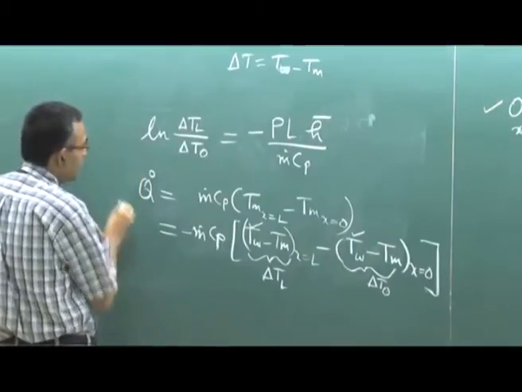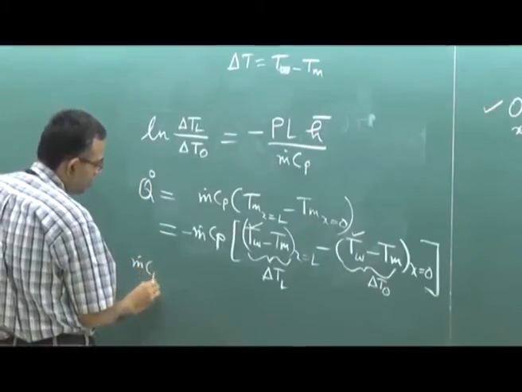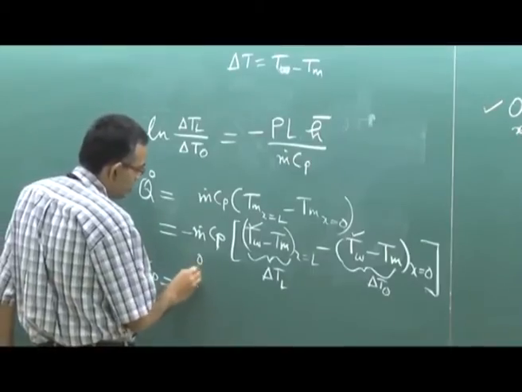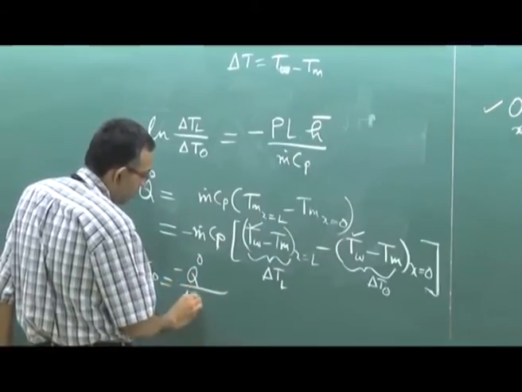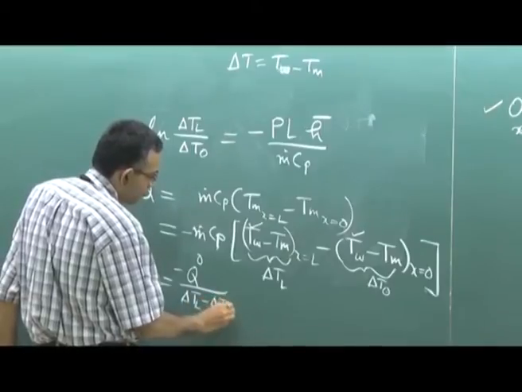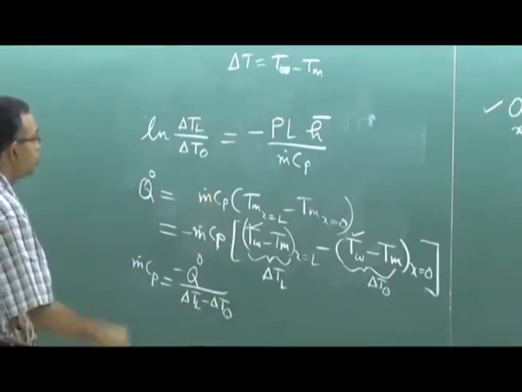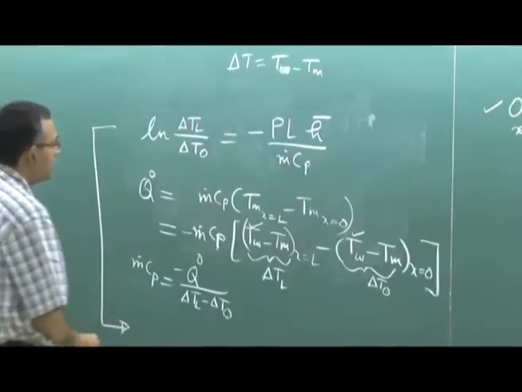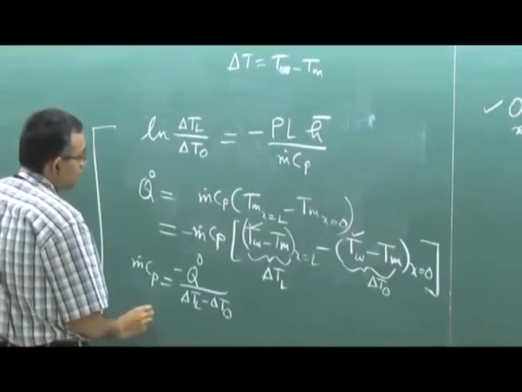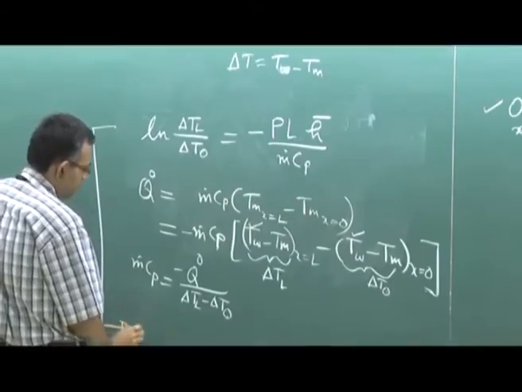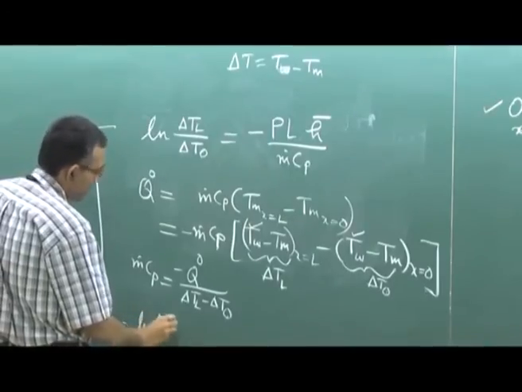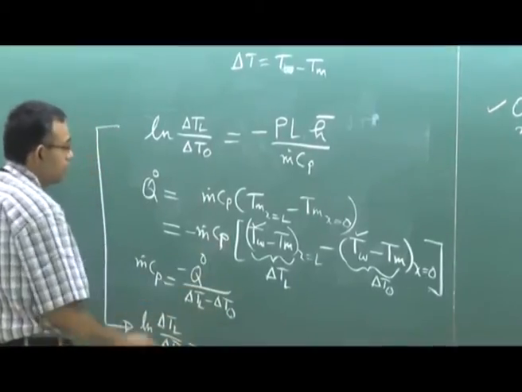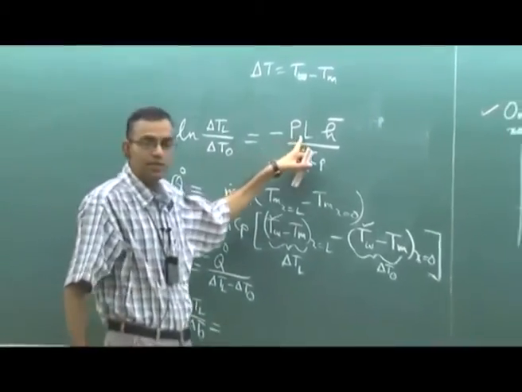So we can write m dot Cp is equal to Q dot by delta TL minus delta T0. So you can substitute that here and write ln of delta TL by delta T0. Perimeter into length is what?